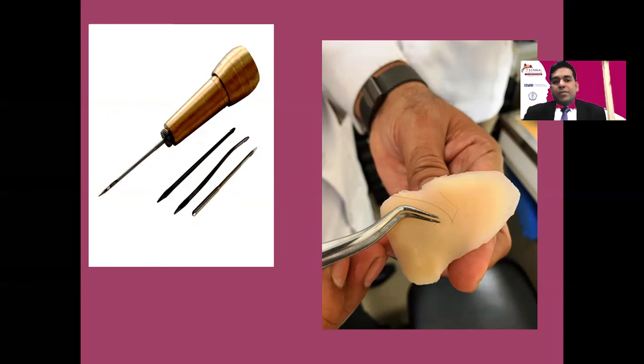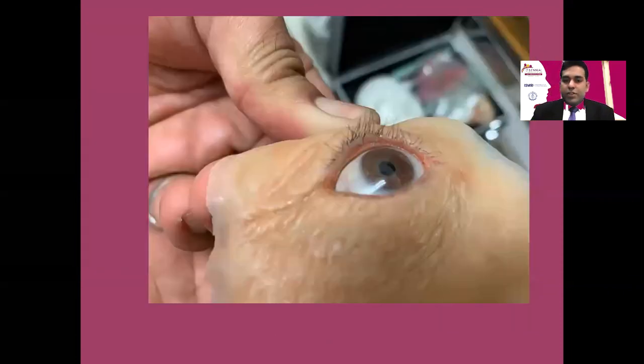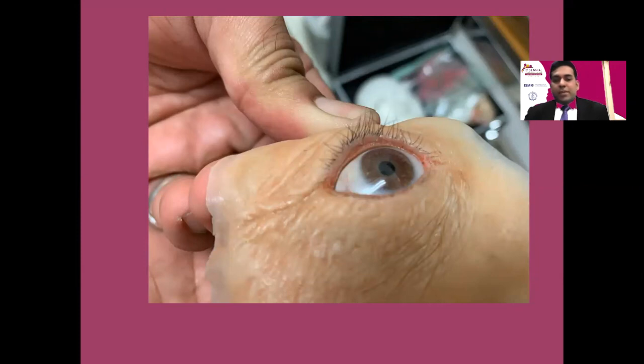And whenever you are placing eyelashes or eyebrows, you can use this instrument for implanting hair in the desired location. Now here you can see the prosthesis which has been fabricated, and the skin texture has been replicated in a precise manner. And because of these eyelashes, it's giving a very natural or lifelike appearance to the prosthesis.